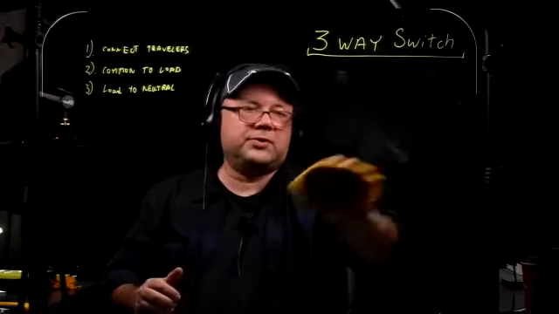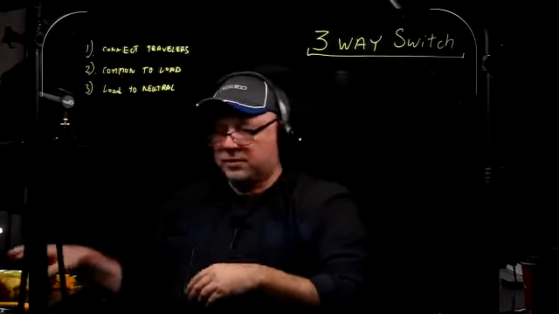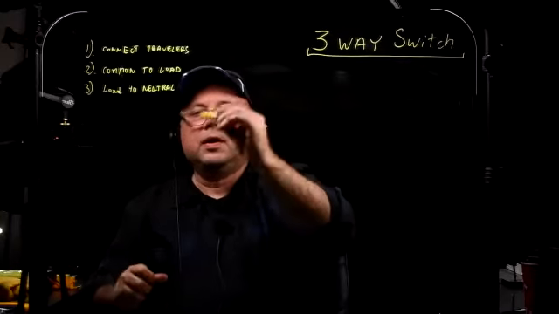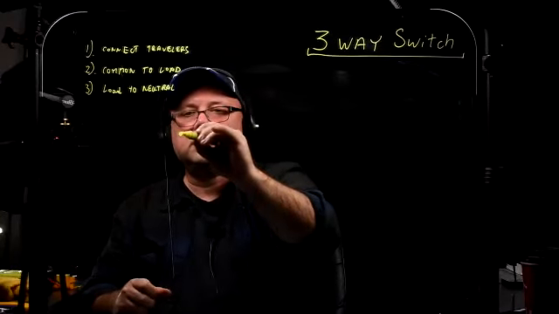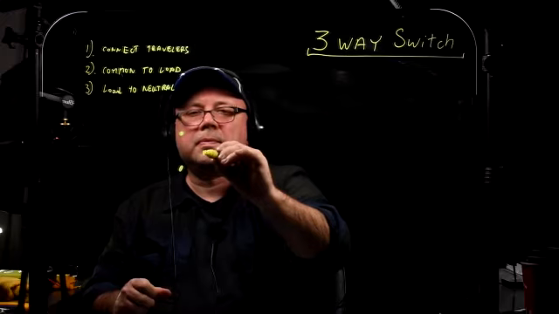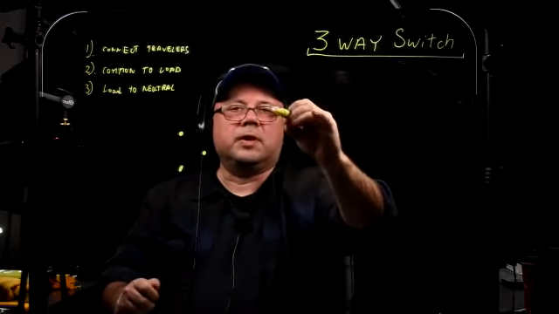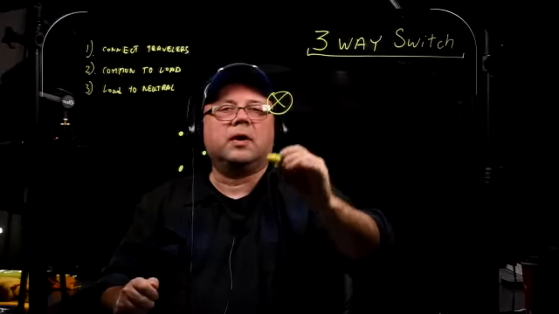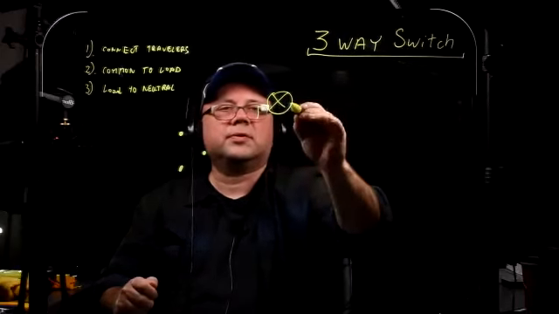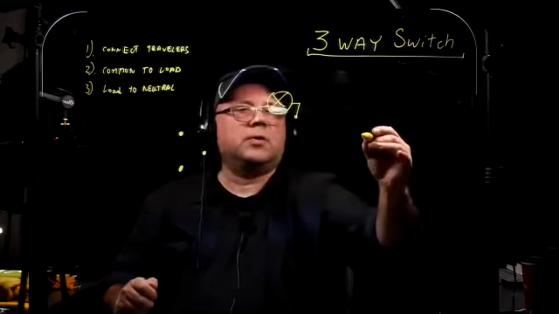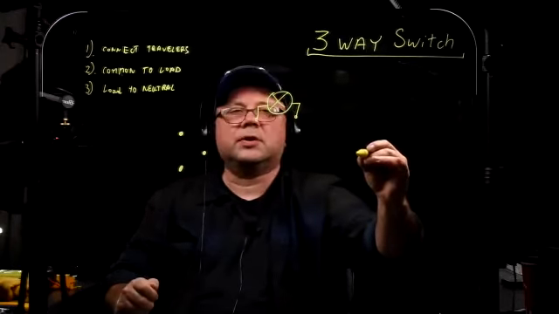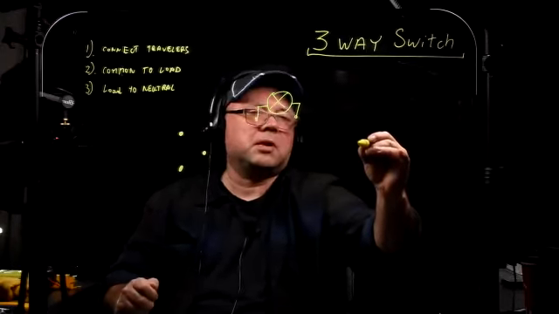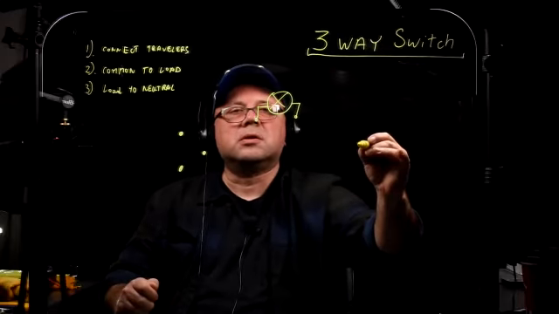So now let's just have a different situation. Let's say we have a switch here. We have a light bulb here. I'll just put the light bulb somewhere, that way here with terminals. And we have another switch, let's say here.